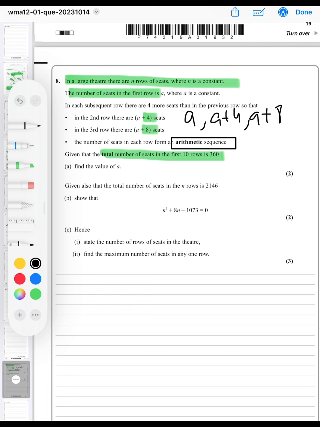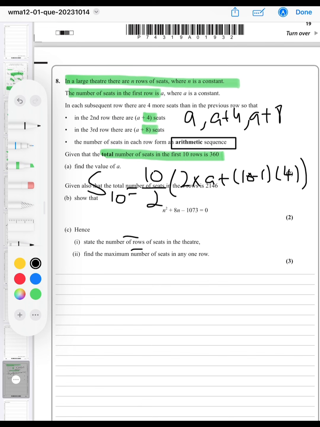The sum of 10 rows equals n upon 2 times (2A plus (n minus 1)d). I'm writing down the formula and also plugging in the numbers. D is the increase in the seats, they are increasing by 4. So there you go, the sum is 360.